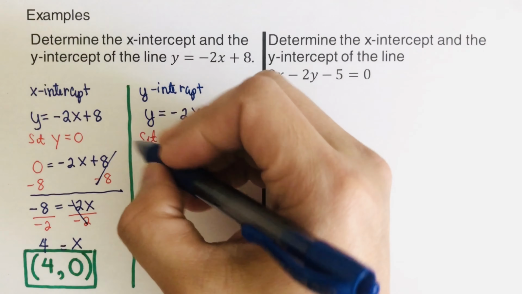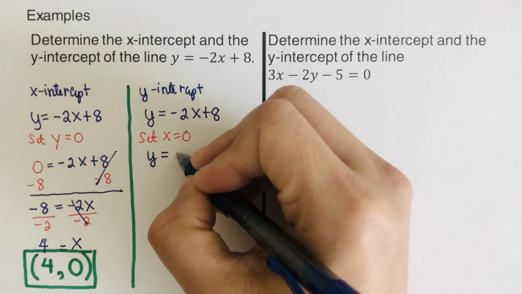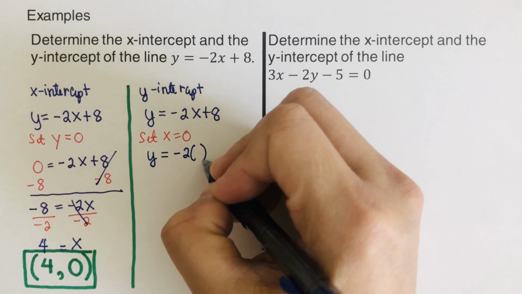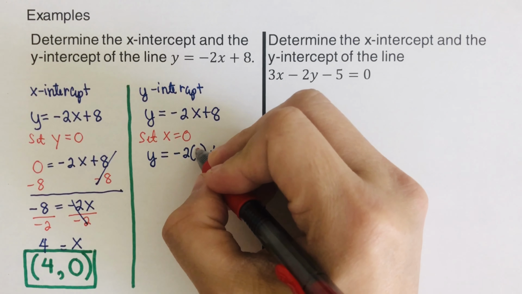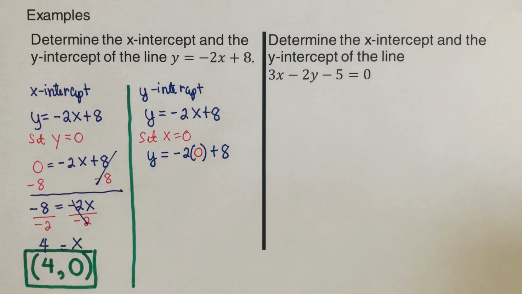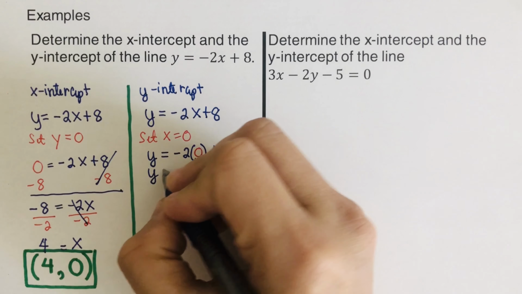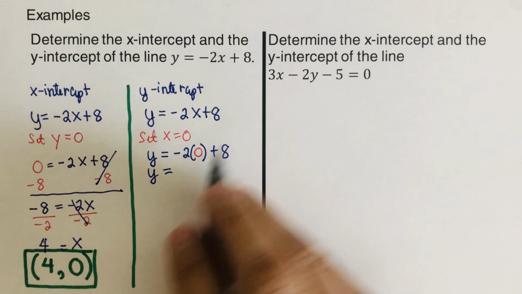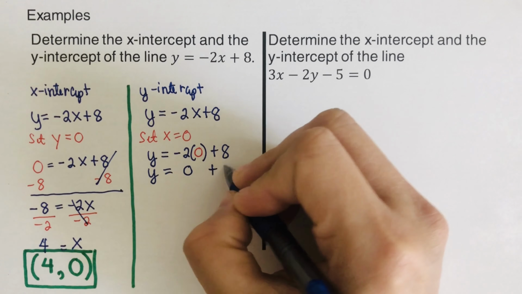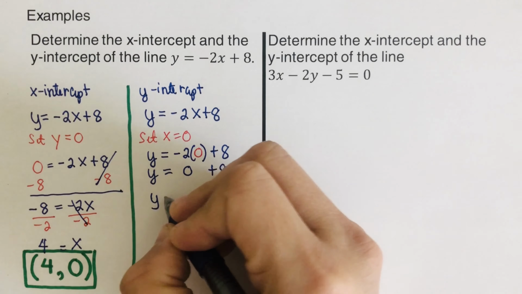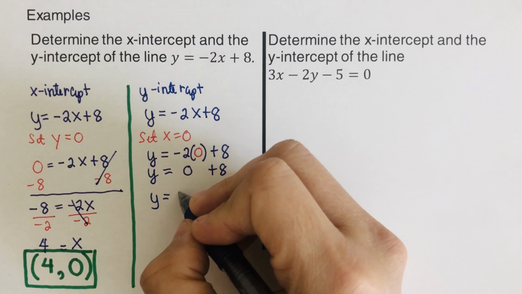The problem comes out to y equals -2(0) plus 8. Again, we plug the 0 into the x. So we are left with y equals 0 plus 8, and 0 plus 8 is just 8.